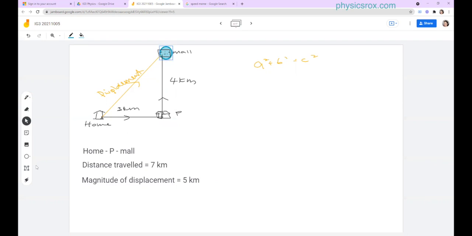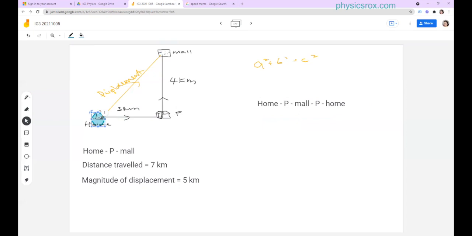Then of course after you finish shopping, you must go home. So I want you to think. If we went from home to P to the mall, now we go back home. Not that we go to P, but because it's on the way, we just drive by and go back.